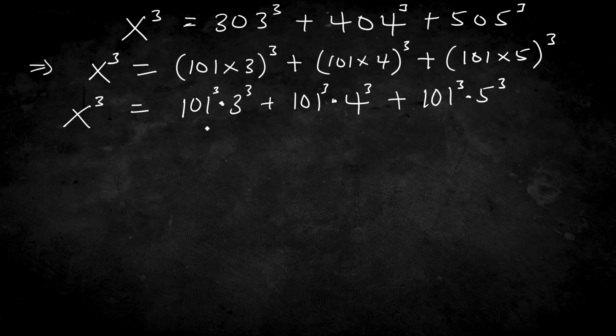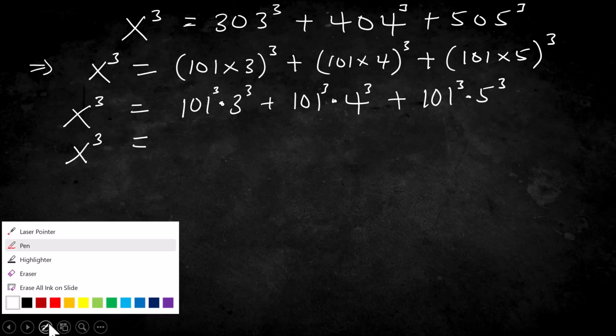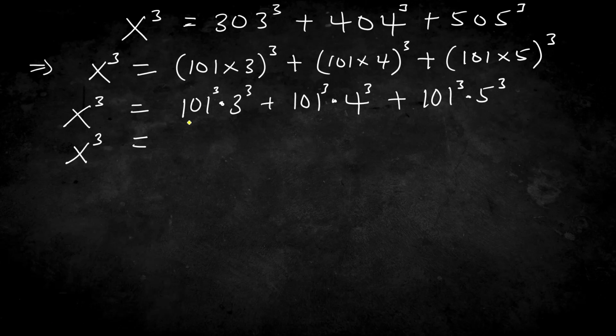All right, so we see something in common here. Guess what is common over there? We have 101 to the power 3, 101 cube. So we are factorizing 101 cube out.